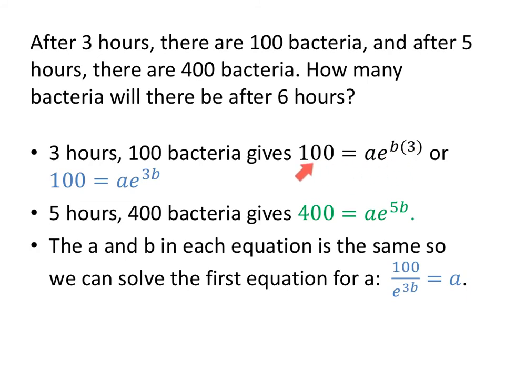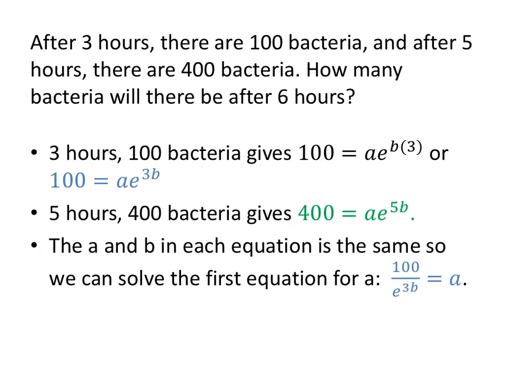Time is our x, y is our output. We have no idea the initial amount or the growth rate. I'm going to refer to this as the blue equation. In 5 hours, 400 bacteria gives me a green equation: 400 equals AE to the 5b, for the same reason.